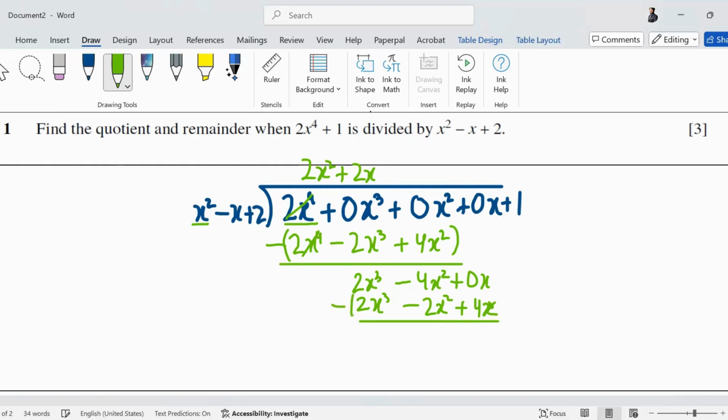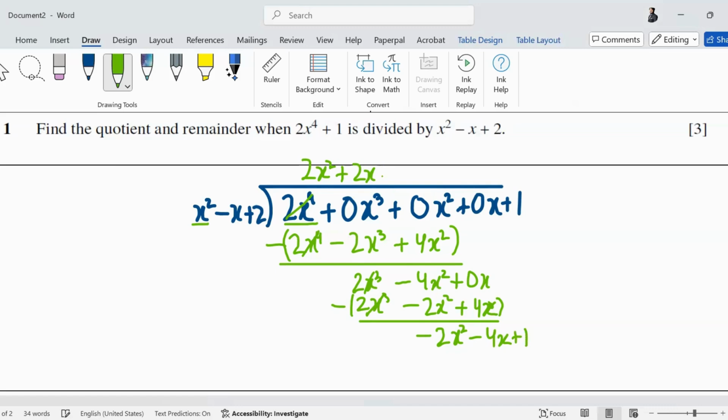I'll subtract them. This will be cancelled off. This will become minus 2x squared because minus 4x squared, and this will become plus 2x squared and then minus 4x. And I'll carry down the plus 1.